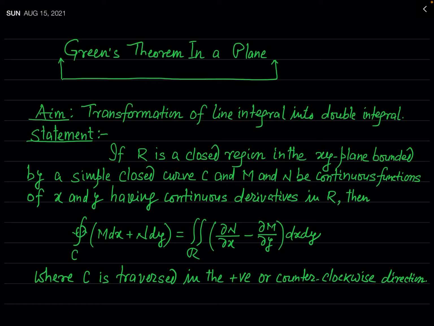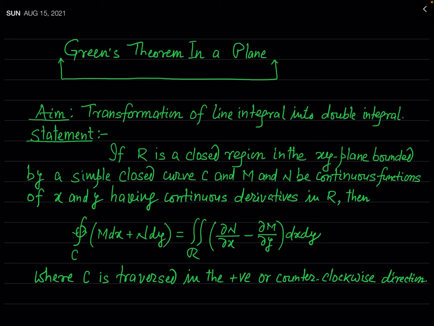But before knowing what this Green's theorem in a plane is, I would like to share with you what the aim of this theorem is. Actually, the prime aim of this theorem is to transform a line integral into a double integral.